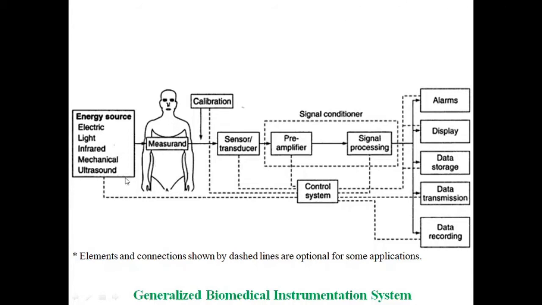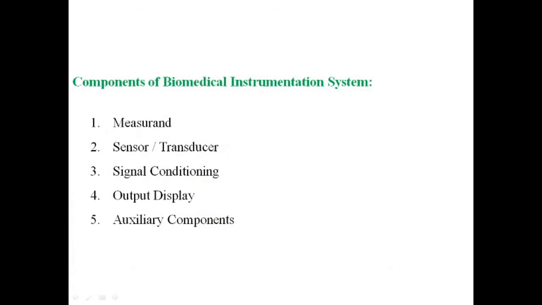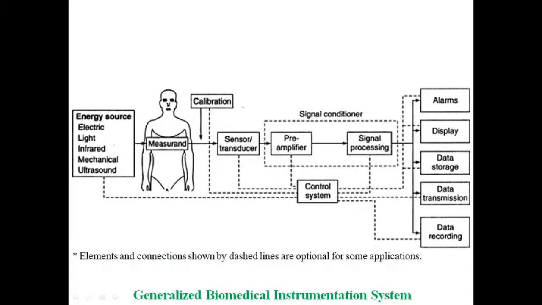It is shown that there could be different energy sources, since the human body constitutes so many systems together: pneumatic, hydraulic, electronic, etc. Signals such as electric, light, infrared, biomedical, mechanical, and ultrasound can be picked up from here, and this is called the measurement.